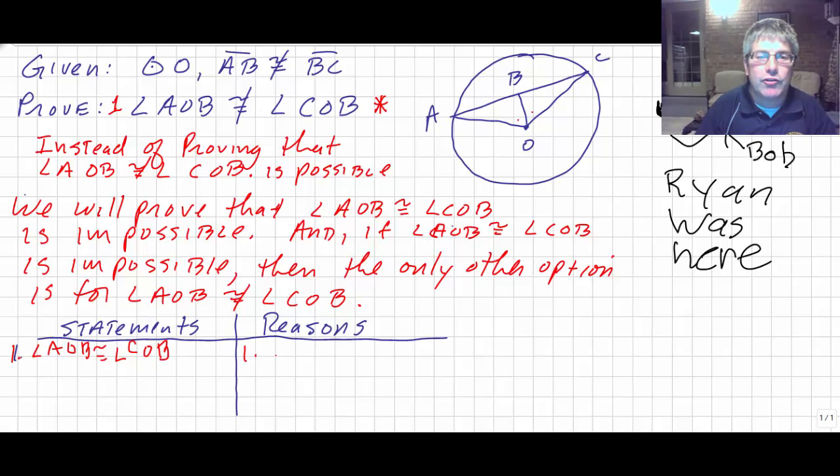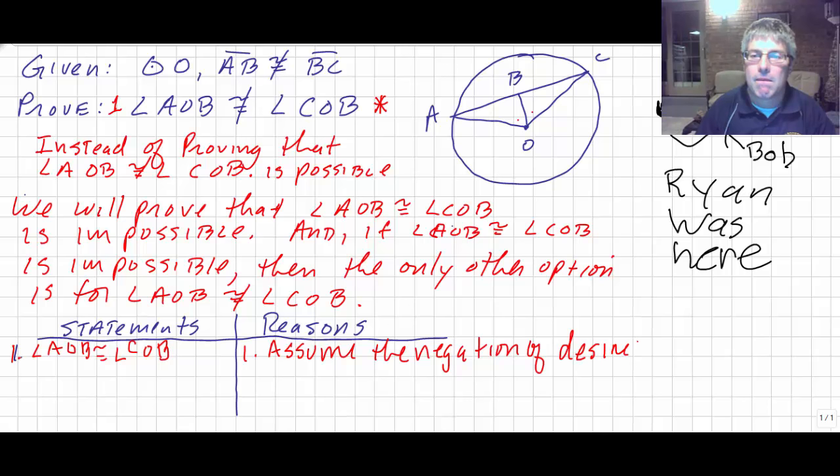Now we don't know that for sure. We're making an assumption here. So we assume the negation of our desired conclusion. That's our desired conclusion. And then we go on and we just write a 2-column proof.